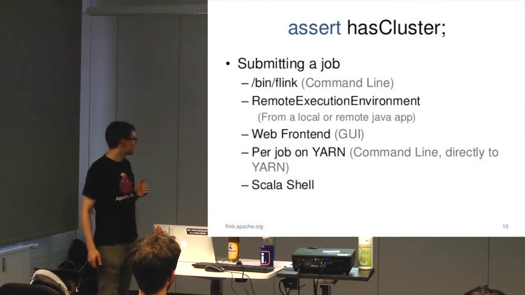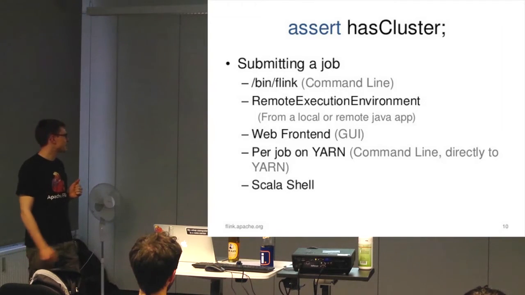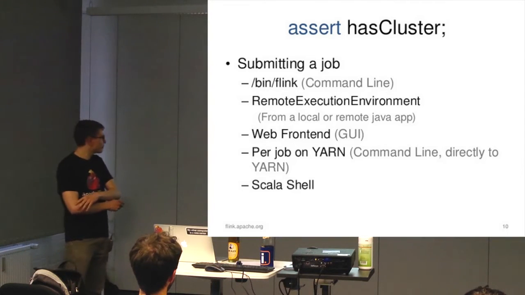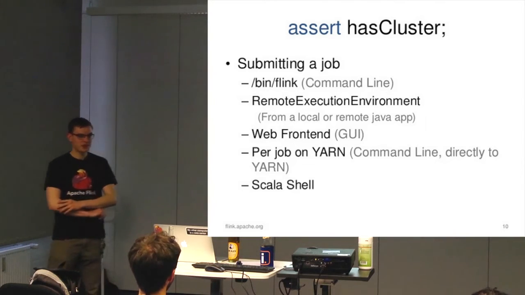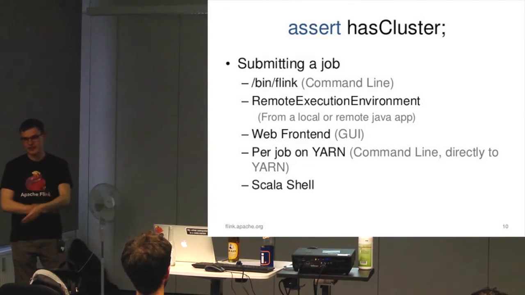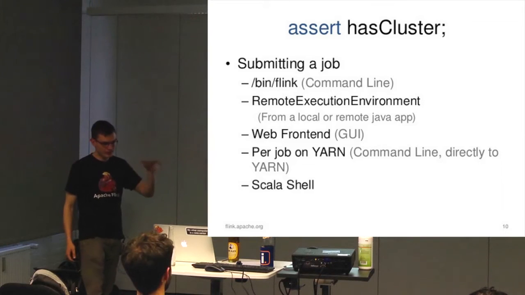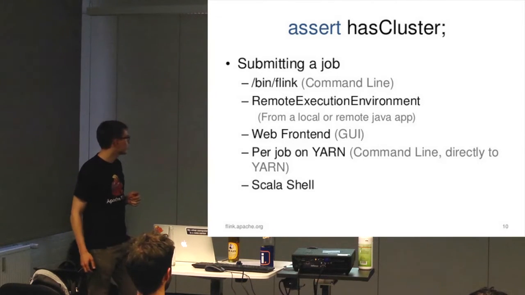And there are different ways of submitting a job to it. So the easiest way is to use this bin Flink client, which we also call the CLI front end. That one allows you to specify the jar file, the name of the main class where the code is located. It also allows you to get information out of the job, stuff like that.